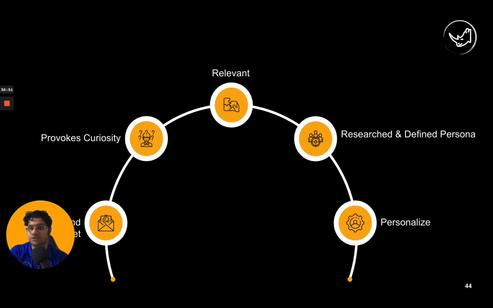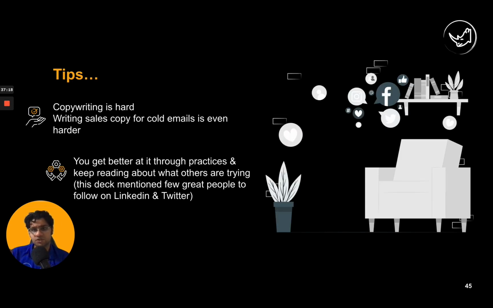Just to wrap up, you want to make sure that your cold emails provoke curiosity, which we talked about, are short and sweet, relevant, well researched for that persona, and then well personalized, or decently personalized, for that persona group as well.